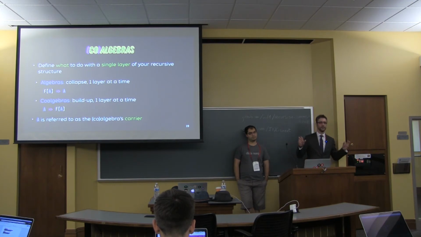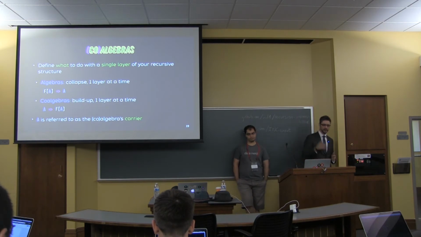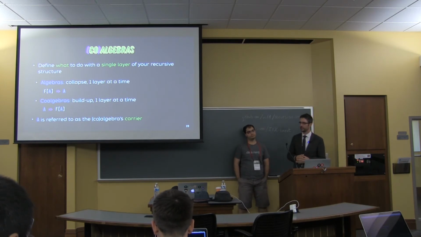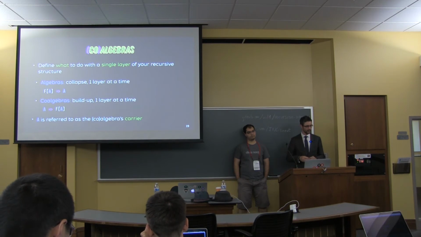When I say simple value, I mean a value that is not of a recursive type, right? And dually, coalgebras are just the same thing with the arrows reversed. So a coalgebra takes an A and builds up one layer of our structure to produce an F of A. All right? Oh yeah, and in this case, the A type is called the carrier of the algebra. So from now on, we'll talk about carrier rather than the type parameter. Okay?